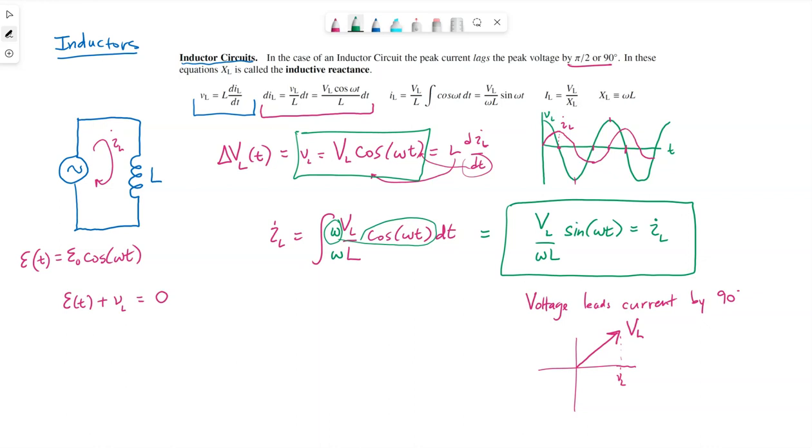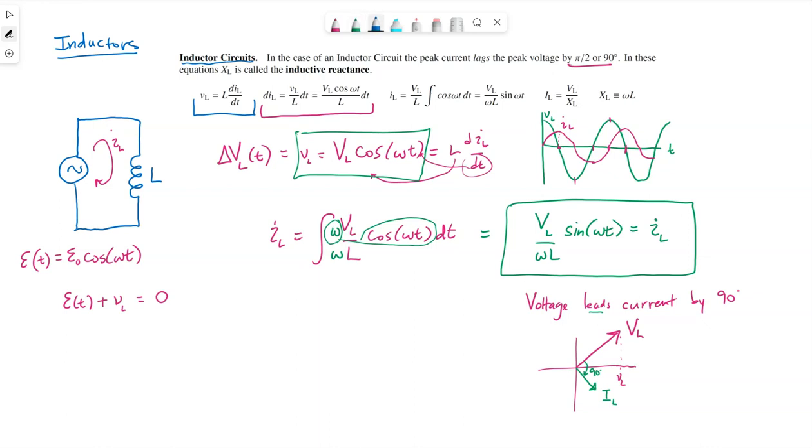But if the voltage is leading the current, that means we have to draw the current phasor, meaning the maximum value of the current, behind the voltage phasor by 90 degrees. So when we put a resistor, inductor, and capacitor together and talk about a series circuit, this is going to come into play in determining how everything works together to allow the flow of current.